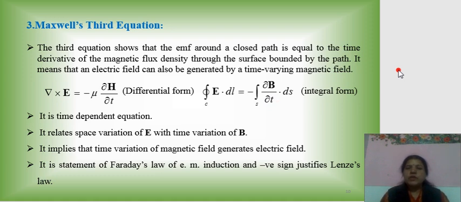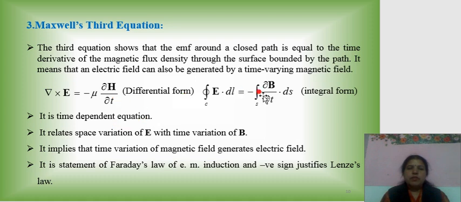Here this electric field can be generated by a time varying magnetic field, or due to a time varying magnetic field, electric field is produced. It is a time dependent equation. Here there is a term of time, therefore it is a time dependent equation.